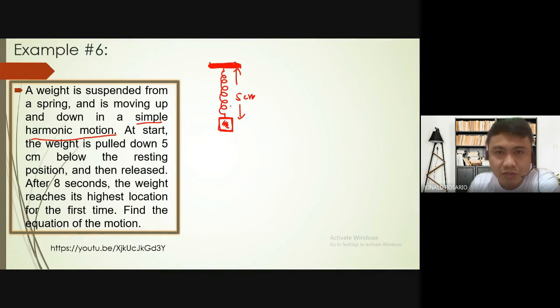Ito yung position na kung saan nahila siya. So 5 centimeters yan, yung pagkakahila. At 8 seconds, babalik daw sa dating position which is the highest location for the first time. So parang mahirap i-illustrate.